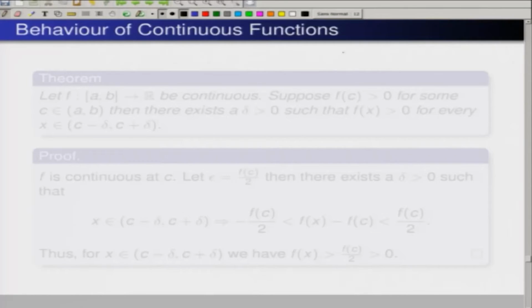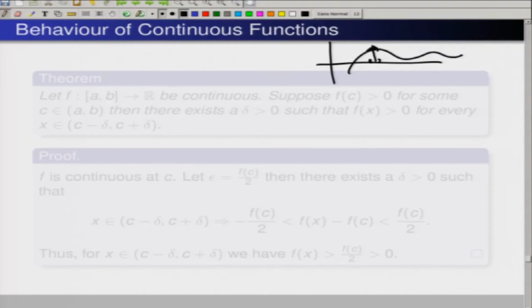Now suppose you are drawing a continuous function. At this point the value is positive. Now I can definitely find an interval in which f is going to be positive.